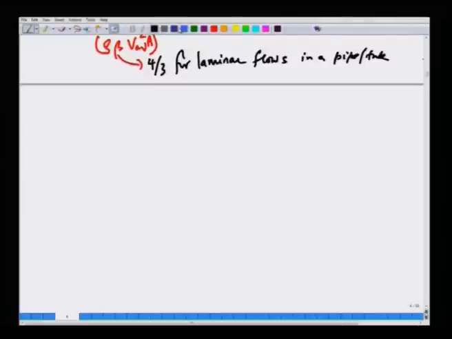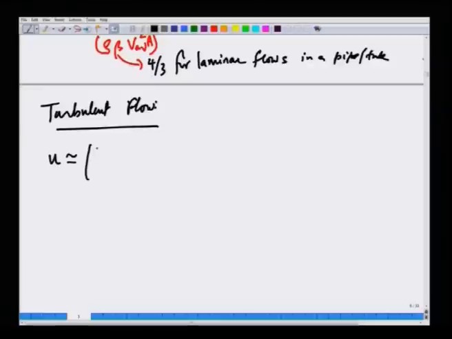I will quickly tell you what is the beta for turbulent flow in a pipe. It turns out that for turbulent flow, u is approximately u naught. As I told you, this is more like an experimental fact, it is not rigorously derivable from first principles like the laminar flow expression for the velocity.